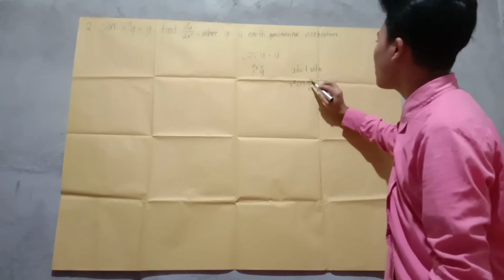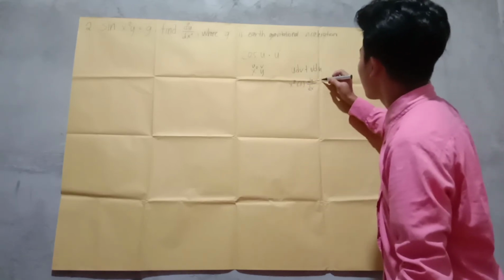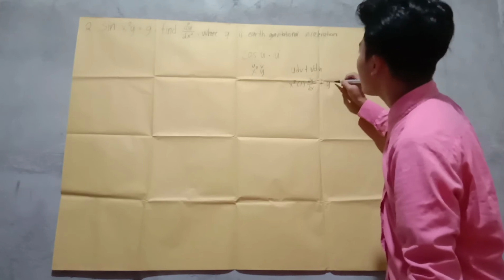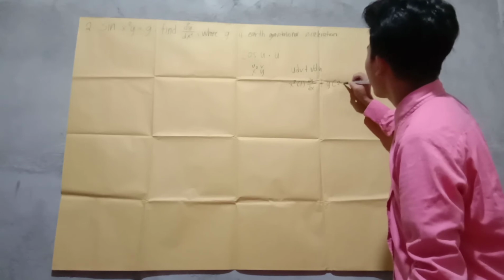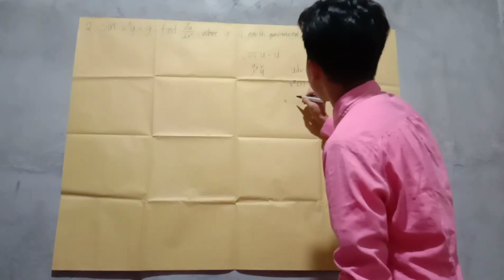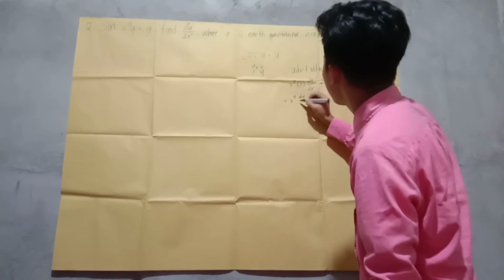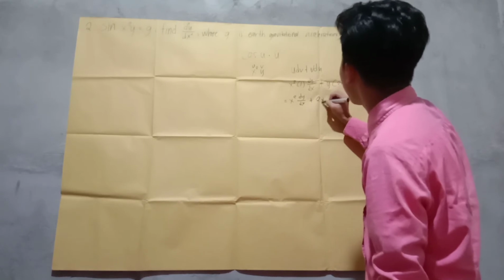I put dy over dx because we derived the value of y with respect to x. Plus our v is y, and the derivative of u is 2x. So the answer will be x squared dy over dx plus 2xy.